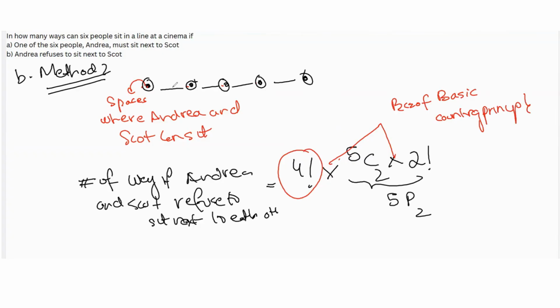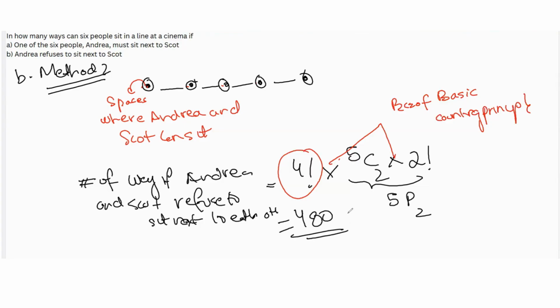And then for Andrea and Scott, you can choose any two of the five spaces that we have over here and then arrange them in 2 factorial ways. So together you can do all of this as 4 factorial times 5 choose 2 times 2 factorial. Again, just to emphasize, we're multiplying them because of the basic counting principle. And if we do it like this, the answer still turns out to be 480, similar to what we found from method 1.